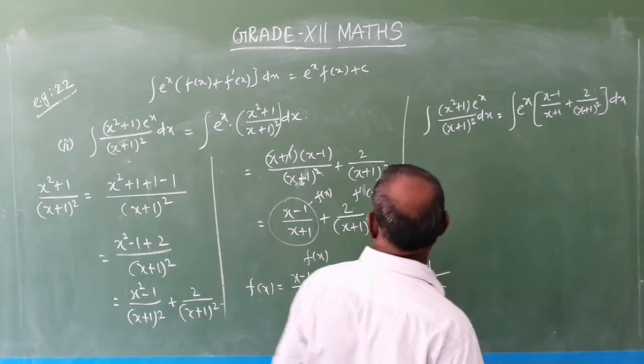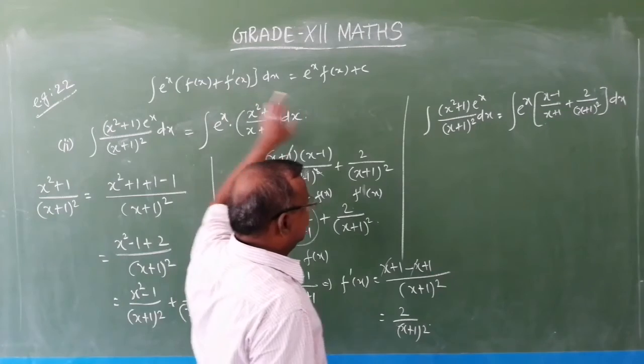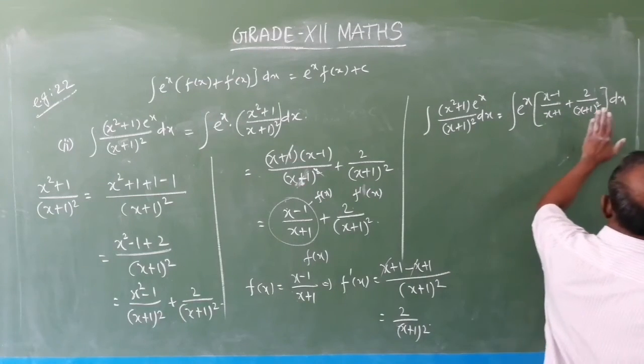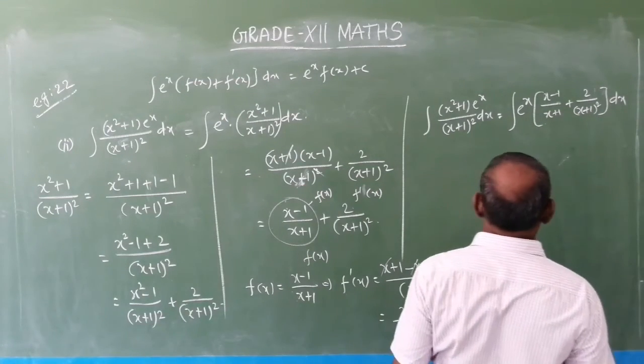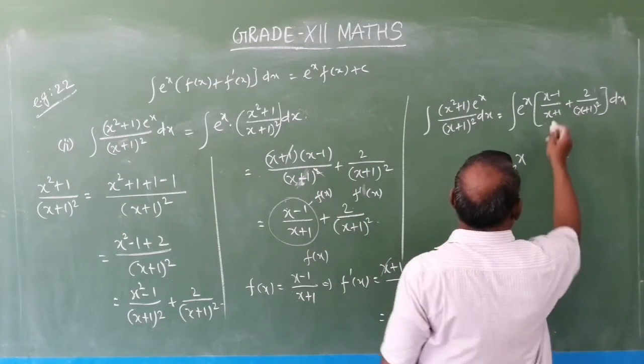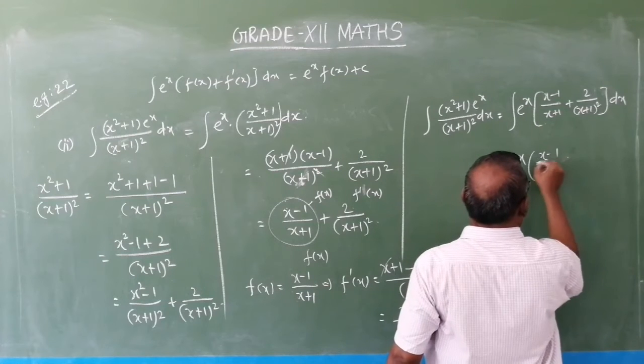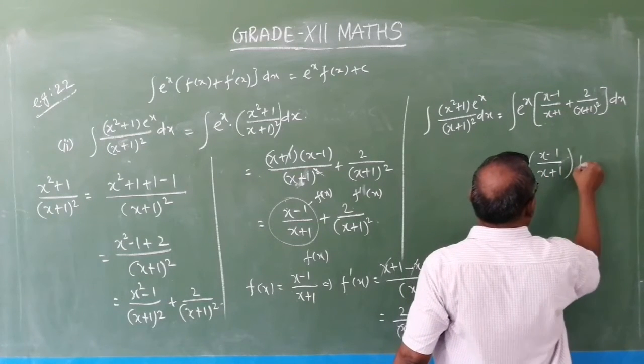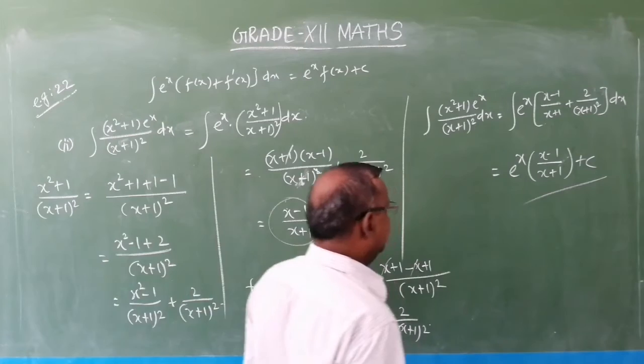So this is in the form of e power x into f of x plus f dash of x into dx. So the answer is e power x into f of x, so f of x means x minus 1 divided by x plus 1, plus c. So this is the answer.